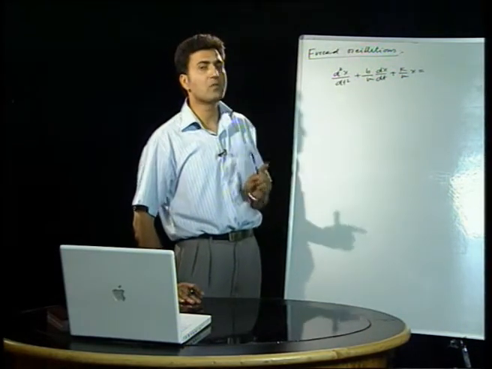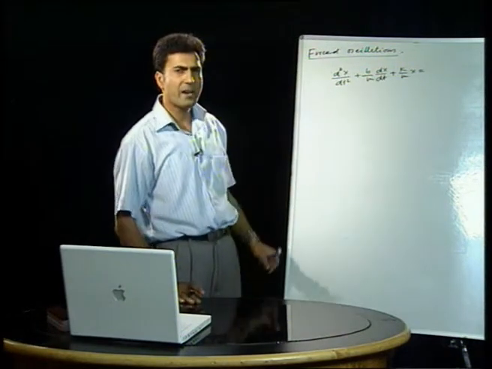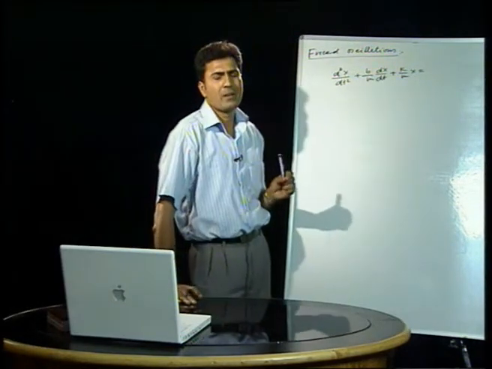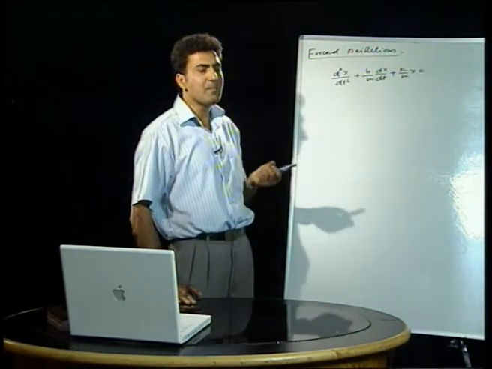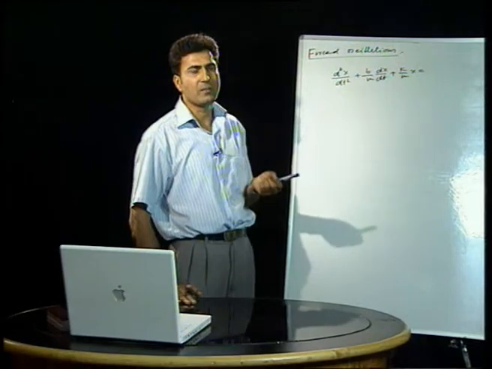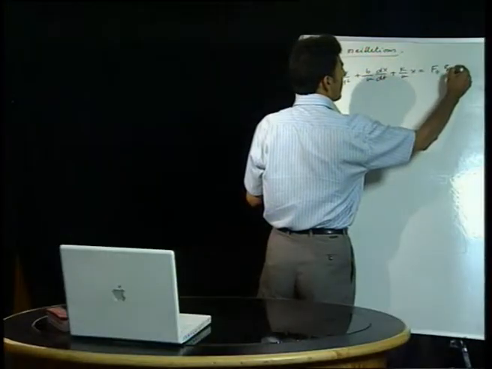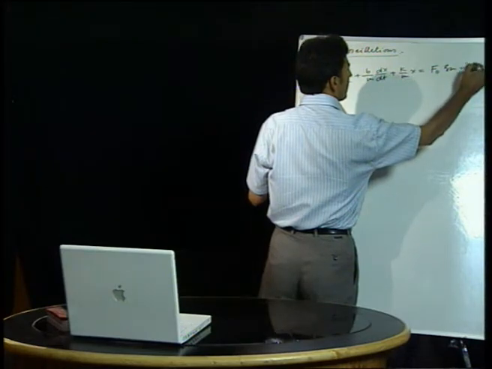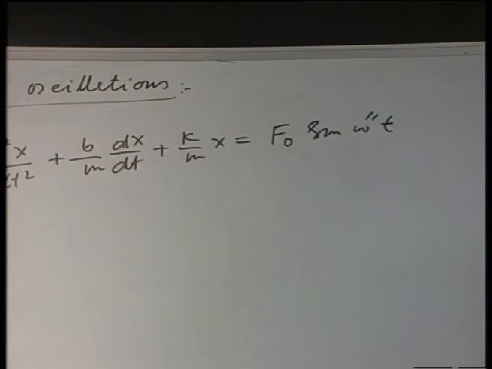And the force is obviously a function of time. It is not a constant force. And the simple force function can be sinusoidal. It can be periodic. That is the simplest force expression that I can write. It is F0 sine omega double prime t. This is the equation for forced oscillations.